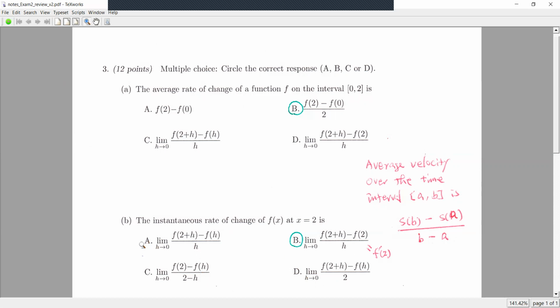The limit in A here should be 2. In C, h should approach 0 rather than 2. The limit in D here should be 2, and the bottom should be h. So the answer is B.